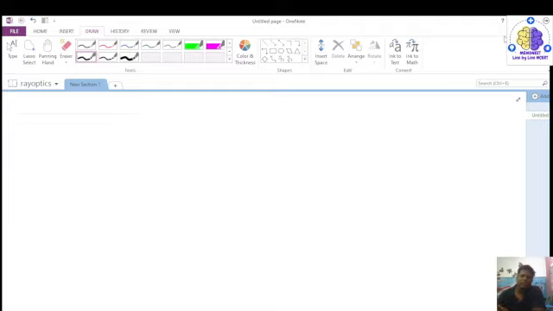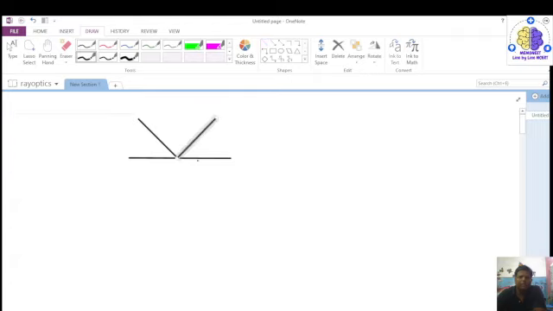Let's first see what reflection was, which we studied in our 8th standard. Suppose this is your reflecting surface, and this is the incident ray. This light ray gets incident at this point on the reflecting surface.